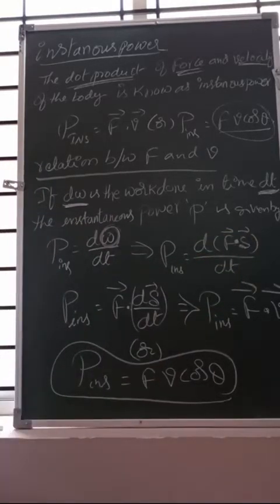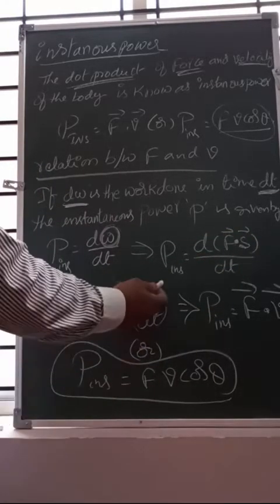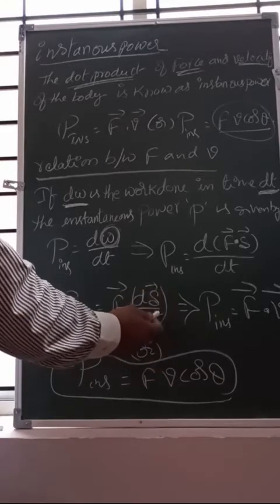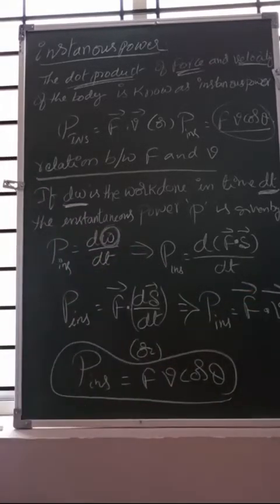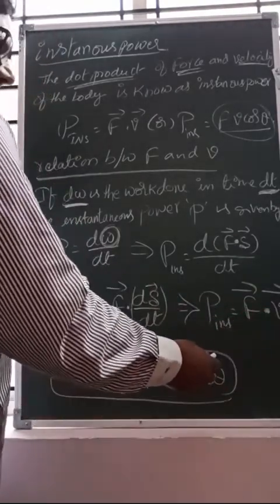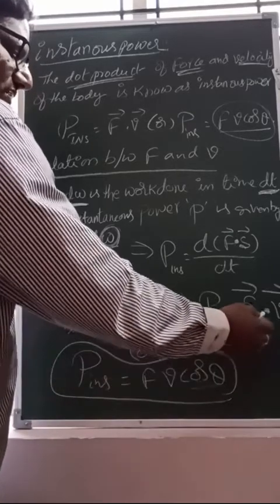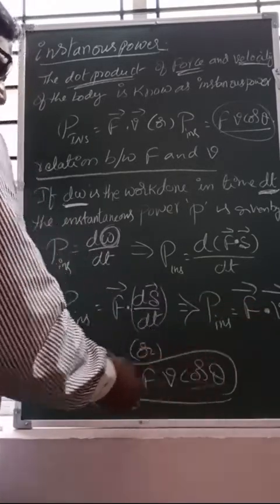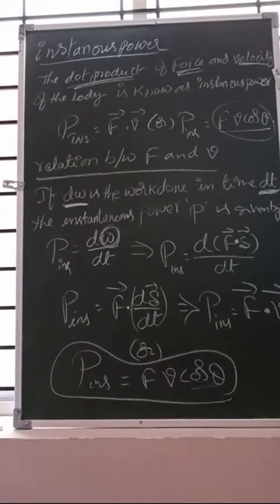Displacement by time is nothing but velocity. Already in kinematics we learned that ds by dt is nothing but v. So F bar dot V bar. Dot product means cos theta will come. Correct? So instantaneous power P equals Fv cos theta. Clear? These are all about power.